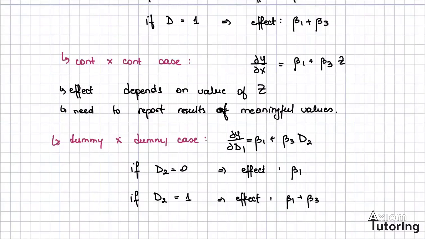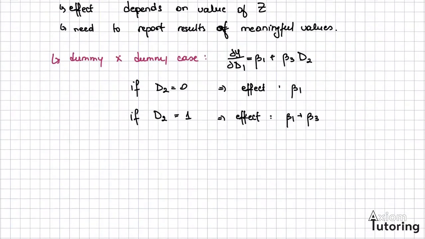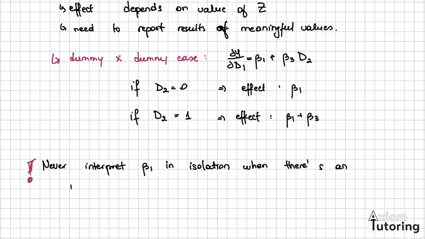Now, and I'm going to put this as a key warning in here, never interpret beta 1 in isolation when there's an interaction term. Okay, so beta 1 is a partial effect.